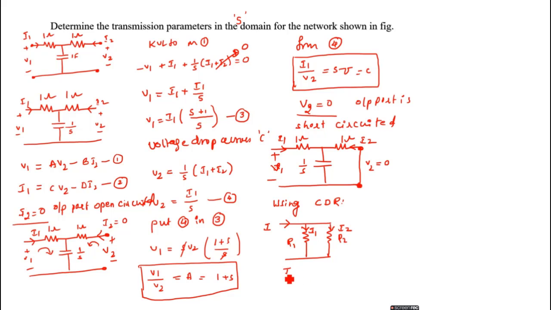Easily we can calculate I1 using the formula: total current into opposite resistance divided by total resistance. Similarly, we can calculate I2: total current into opposite resistance divided by total resistance. We will use these two formulas here.